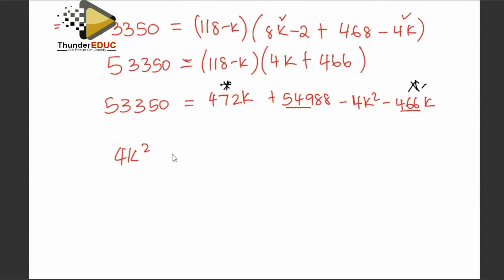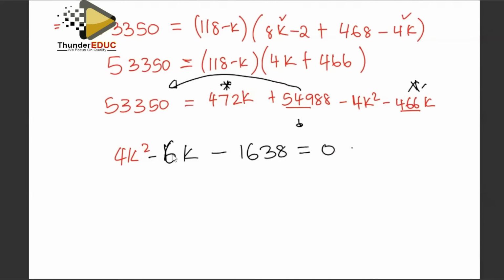Okay, this side it's a 6, but when I move it that side, it's going to be a negative 6k. And then when I move this one to this side, it's going to be 53350 minus 54988, which gives me a negative as well. That is negative 1638 is equal to 0.